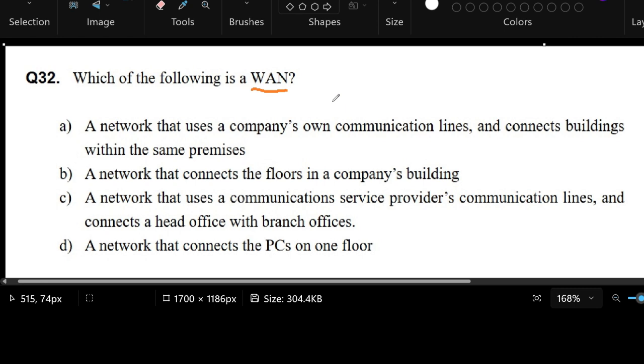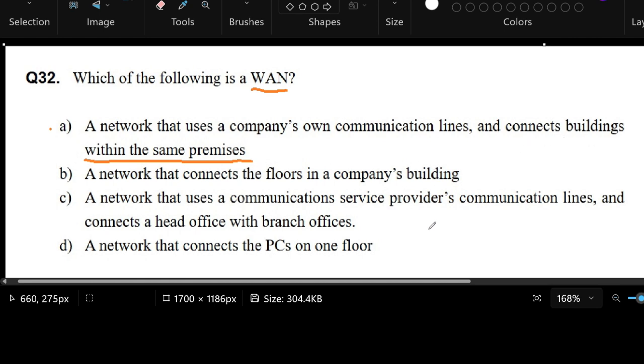For letter C, a network that uses a communications service provider's communication lines and connects a head office with branch offices. Letter C sounds a little bit like letter A, except that for letter A, we have phrases like within the same premises, although it also connects buildings.